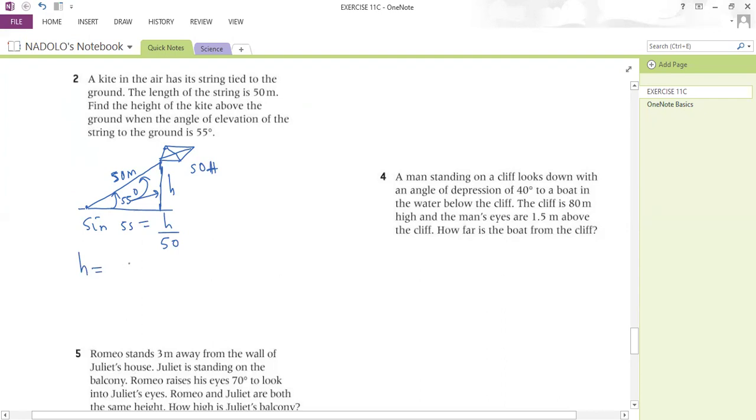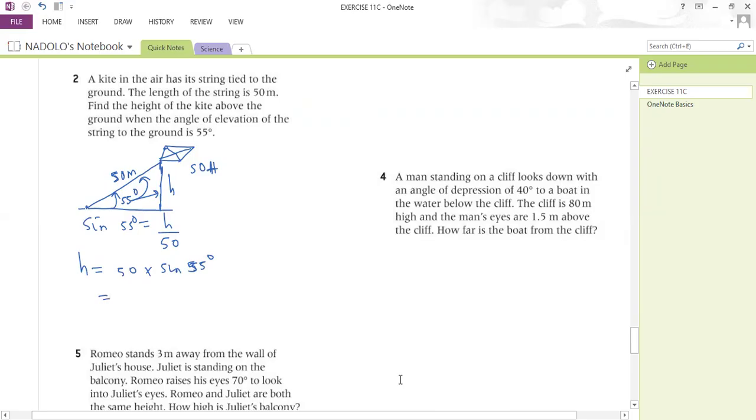You can actually multiply by 50 on both sides to get h equals 50 times sine 55 degrees. There's no need to do the reciprocal at that point, just multiply. So 50 sine 55 degrees, you can put it in a calculator.